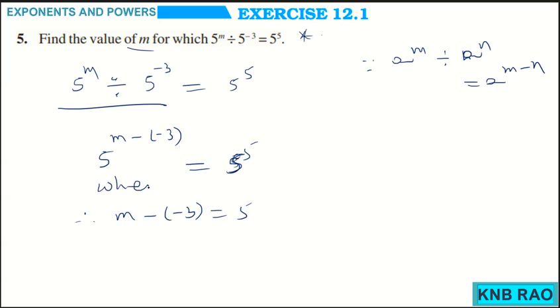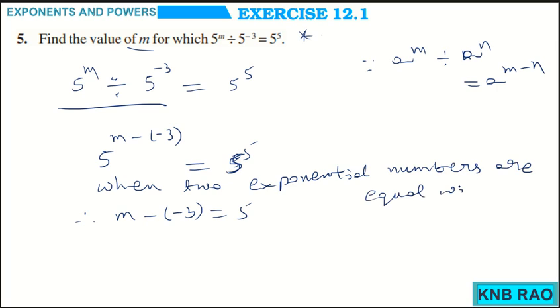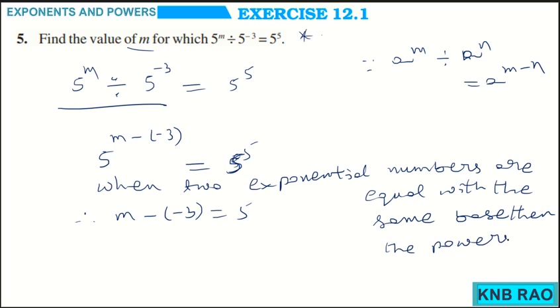When two exponential numbers are equal with the same base, then the powers are equal, or the exponents are equal.